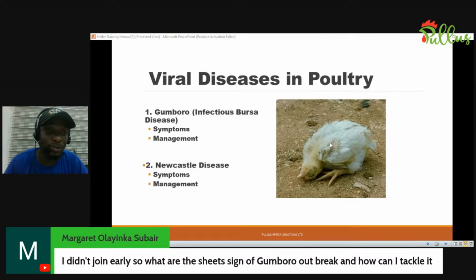It can easily spread to other birds as well. And also you can give a prophylactic antibiotic to reduce infection pressure at that time, so that it can help the immune system to fight this problem. And when you reach out to us, we'll be able to tell you other practices based on the condition that you are facing at that time, because like I said, this disease comes in different patterns and methods. Thank you so much for that question.